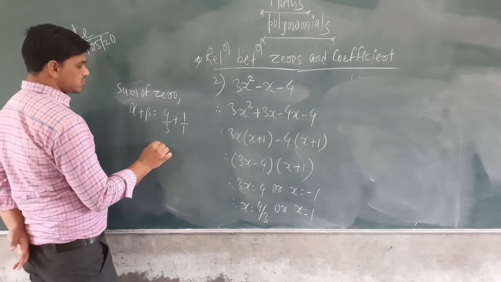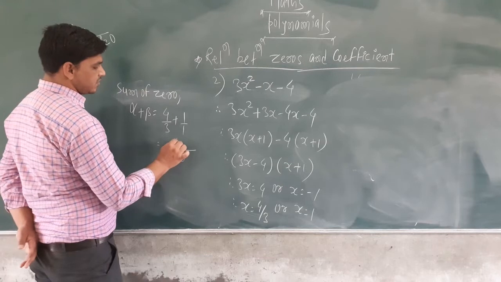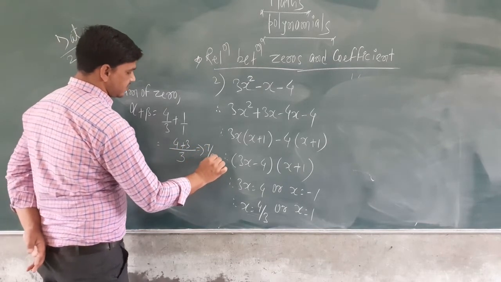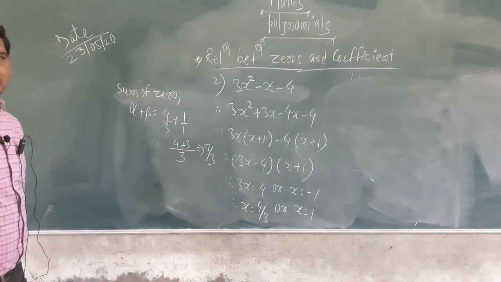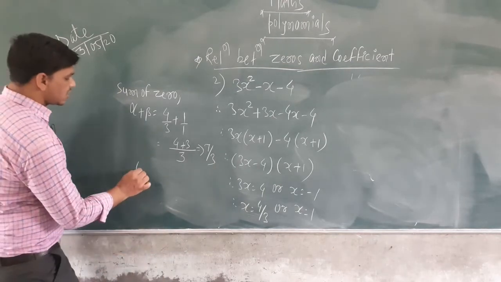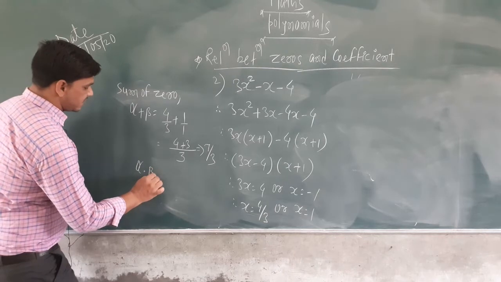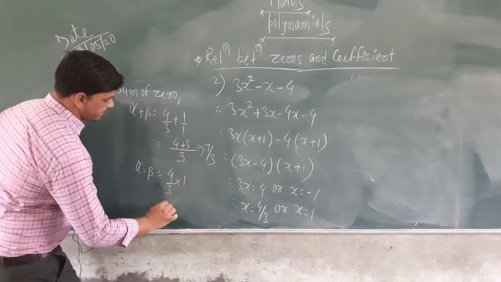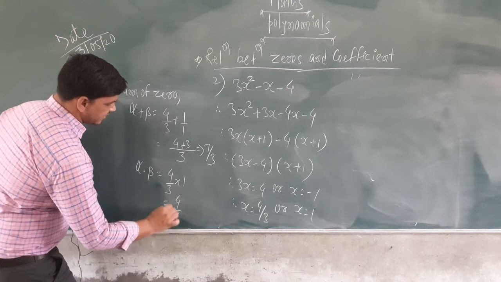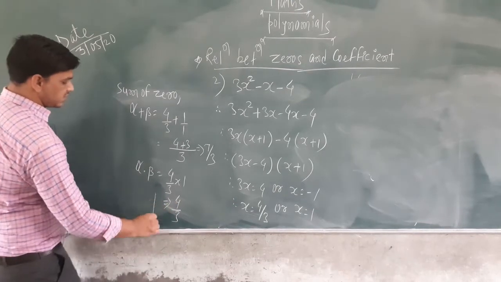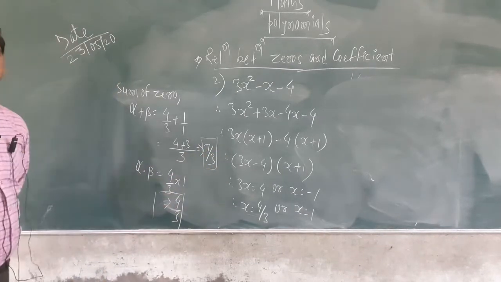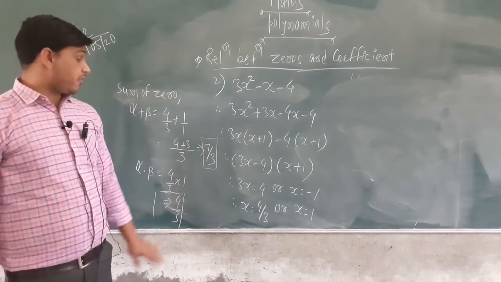There is a denominator, so we take the LCM. 3 ones are 3, 4 plus 3, it should be 7 by 3. Sum of zeros is 7 by 3. Now product of zeros, alpha into beta, 4 by 3 into 1, so 4 by 3. That is the sum of zeros and product of zeros.